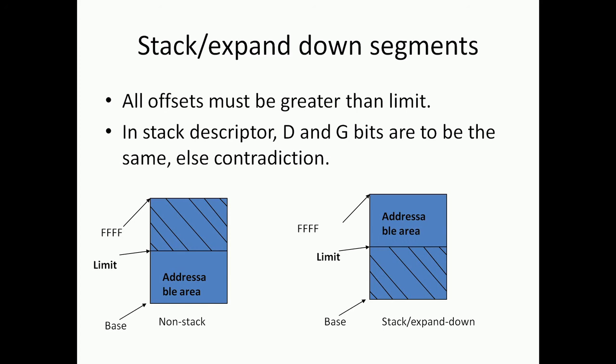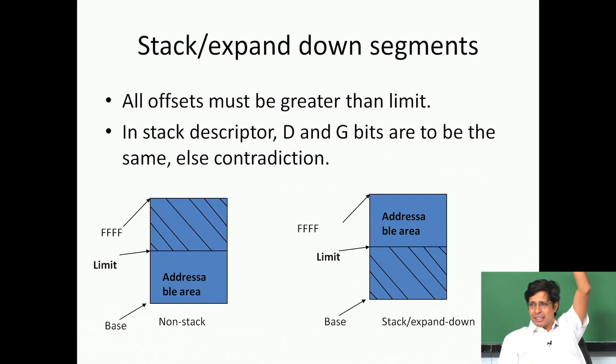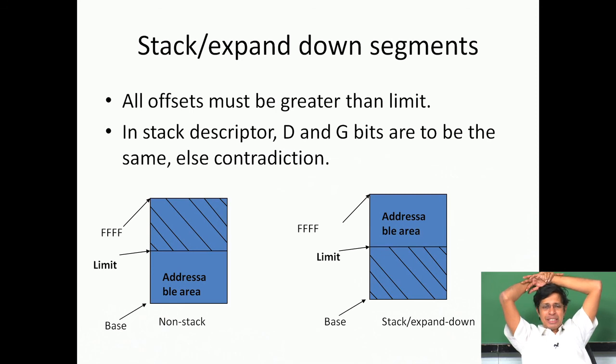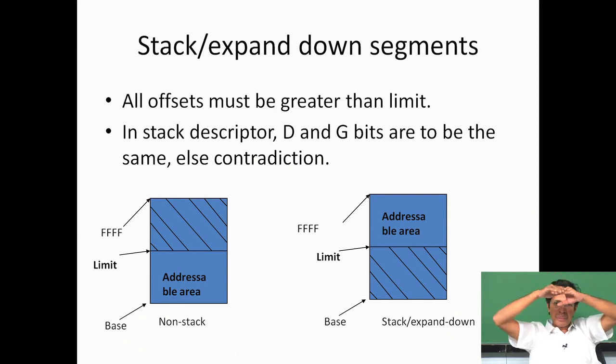And why do we need this? Because it is very easy for me to say, you go and expand in this area. I can put a limit and say use everything beyond that limit, and that is much easier than putting two limits. If I say use everything above that limit, then it becomes easy for us to maintain a stack. That is the reason why expand up and expand down stack segments have come.